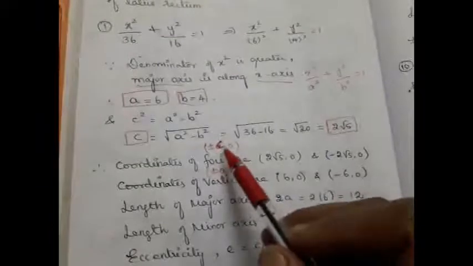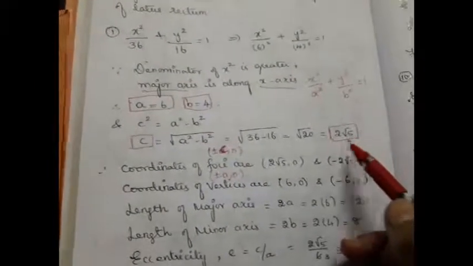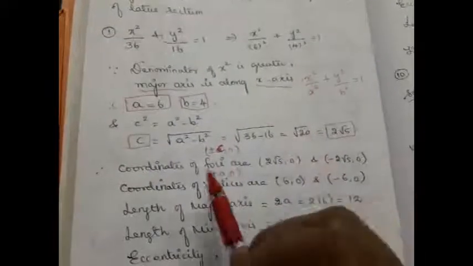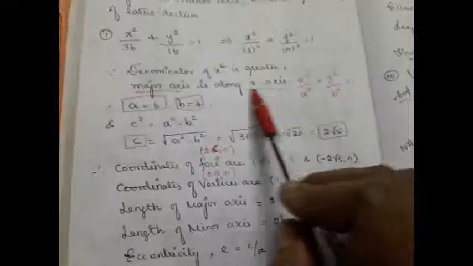Sorry, coordinates of the foci are plus or minus c comma 0. So what is the c value? 2 root 5 comma 0 and minus 2 root 5 comma 0. Since the major axis is along the x axis, it will be plus or minus c comma 0. Vertices are plus or minus a comma 0. What is the a value? 6. So 6 comma 0 and minus 6 comma 0.